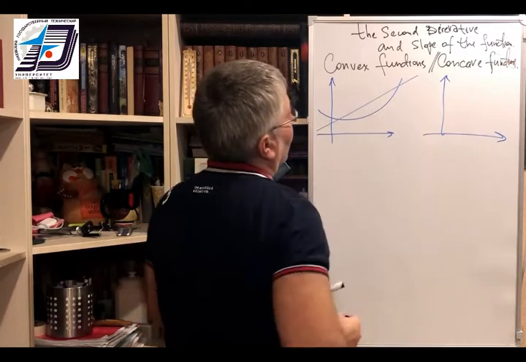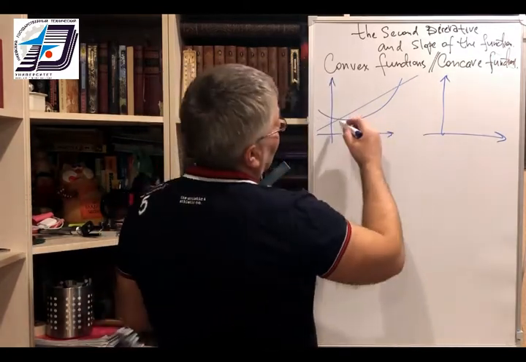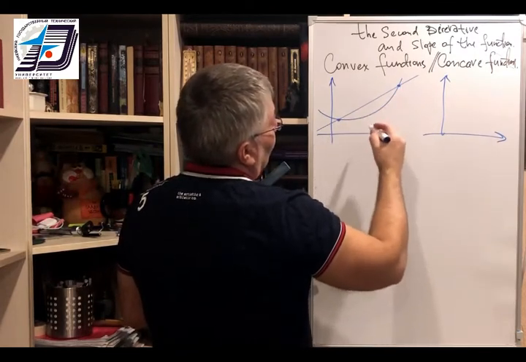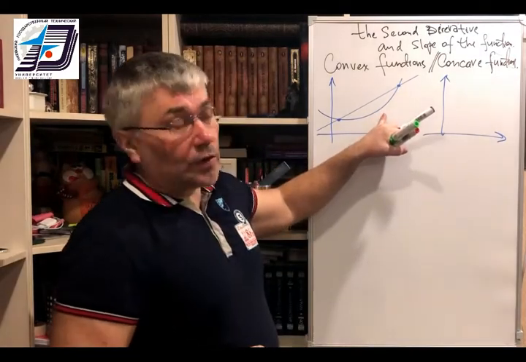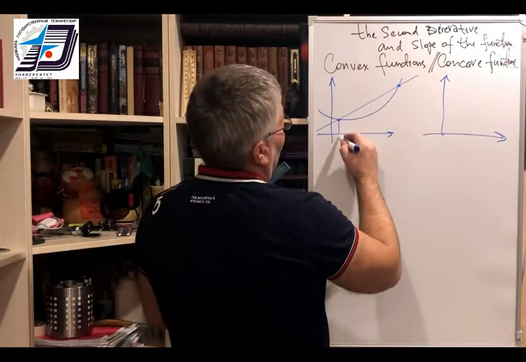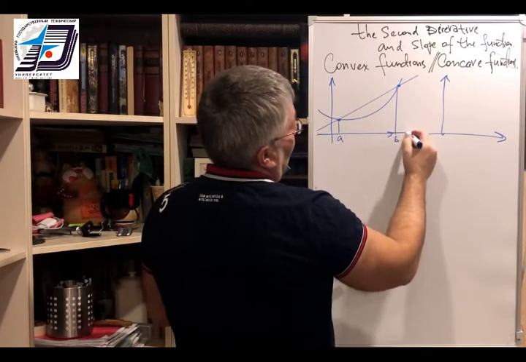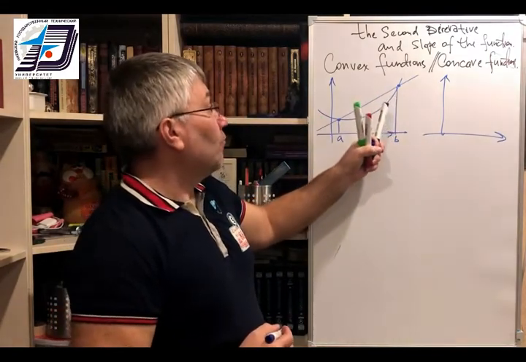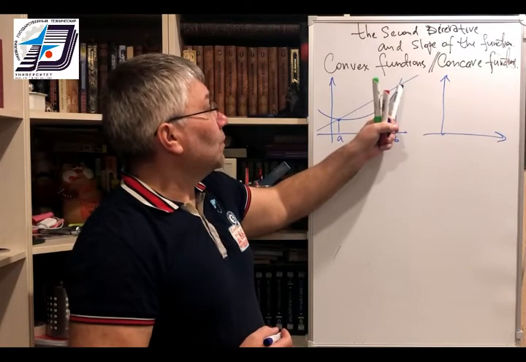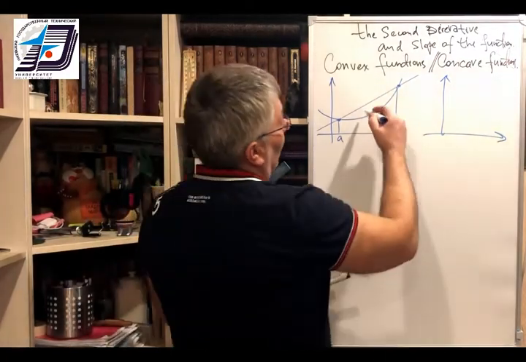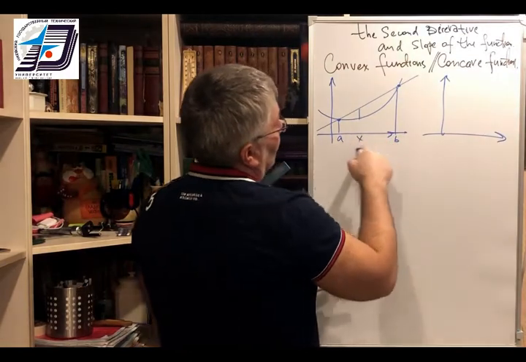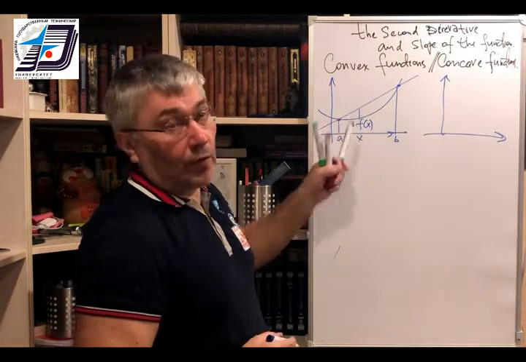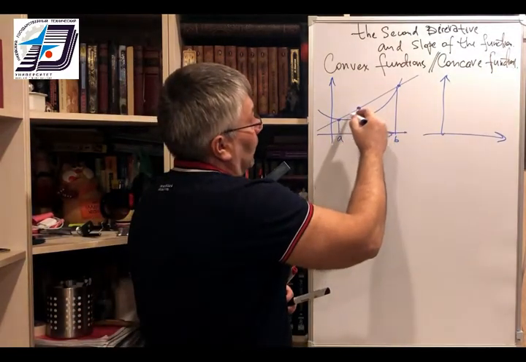If I draw any secant line which crosses the curve of the function at 2 points, which I denote A and B, then for any x between A and B, f of x is always less than the value of this straight line.